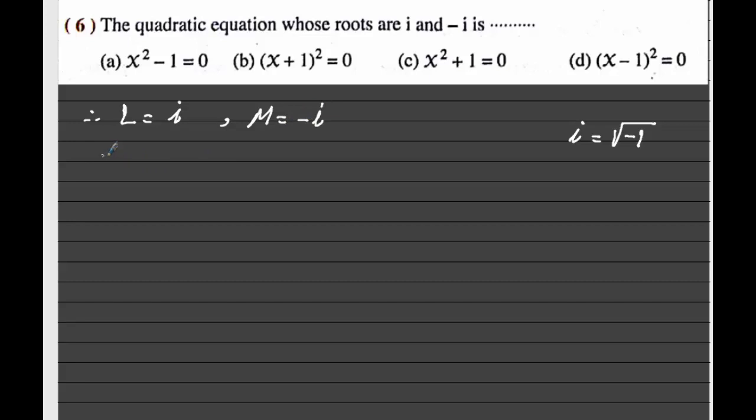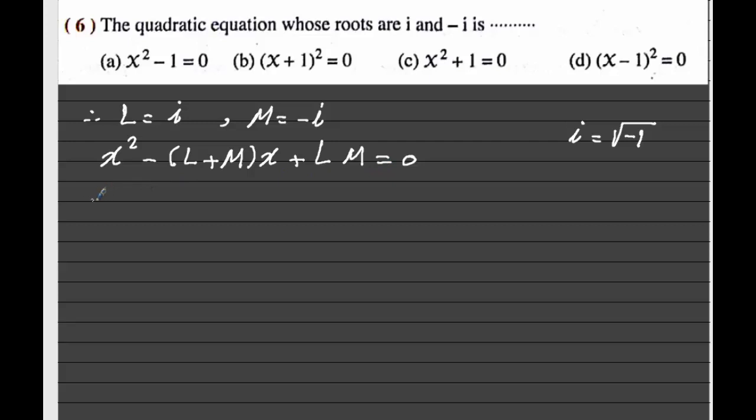and the equation will be in the form, here is the main rule, x squared minus (L plus M) multiplied by x plus the product LM, the product of the two roots, equals 0.